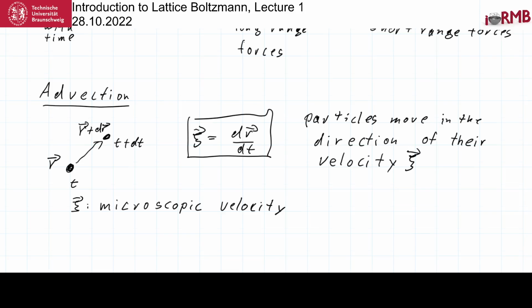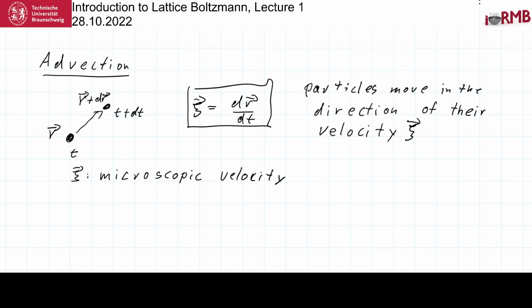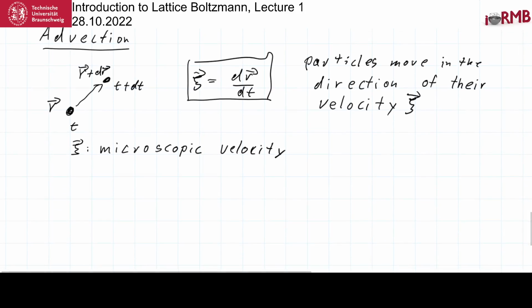So now there is this very interesting thing. We have an advection operator in the Boltzmann equation, and we have an advection operator in the Navier-Stokes equation. Let's write them down again. I leave a little bit of space because I want to write something on top.